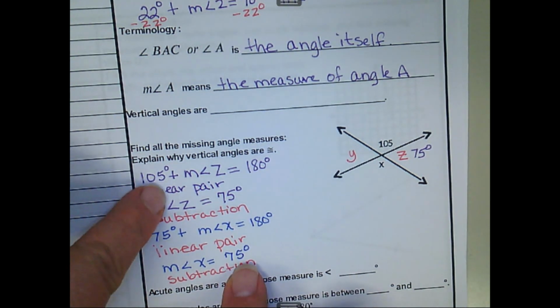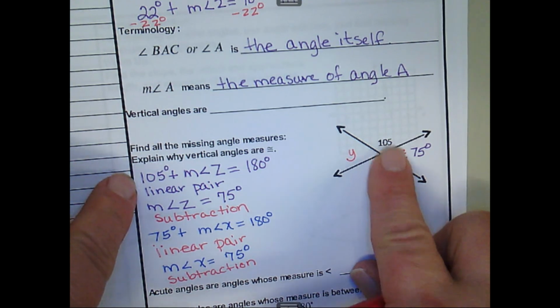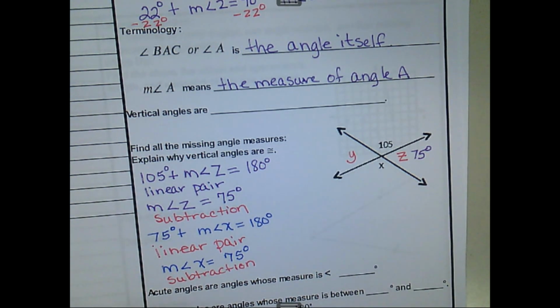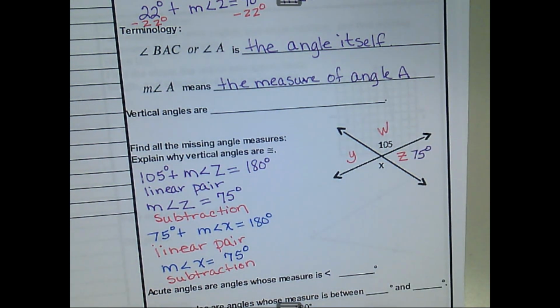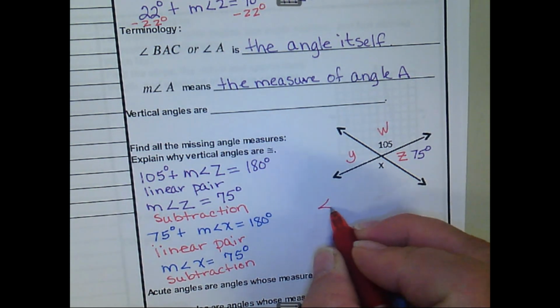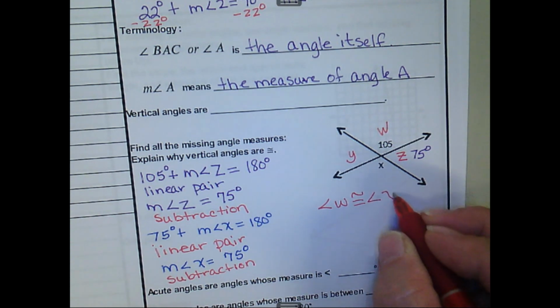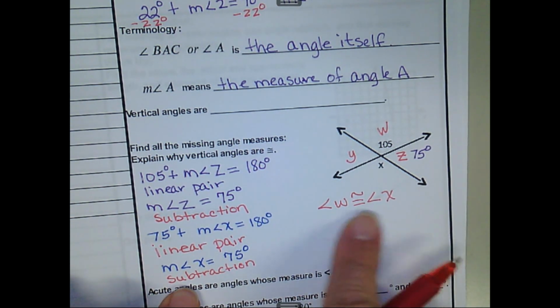So if I'm looking, I know that this angle and X are the same. So if I call this angle W, I know that angle W is congruent to angle X. So what do I know about vertical angles?